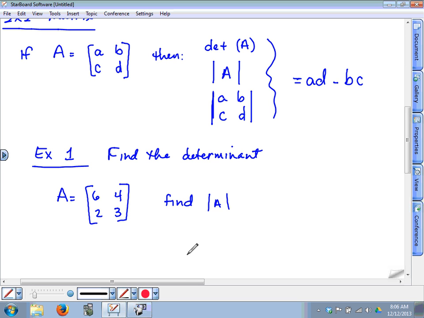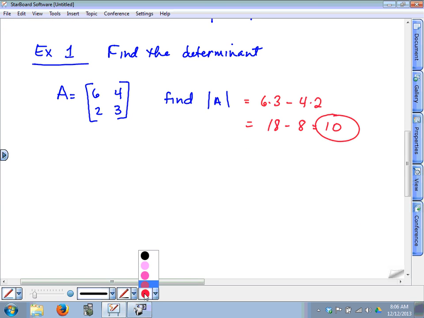What is it? Yeah. Take me through it. What do we do? 6 times 3. 6 times 3 minus 4 times 2. 18 minus 8 is 10. Determinant is 10. Okay, let's try another one.